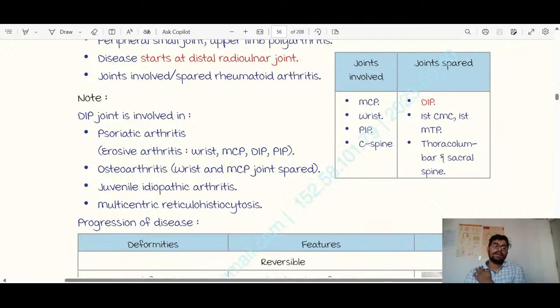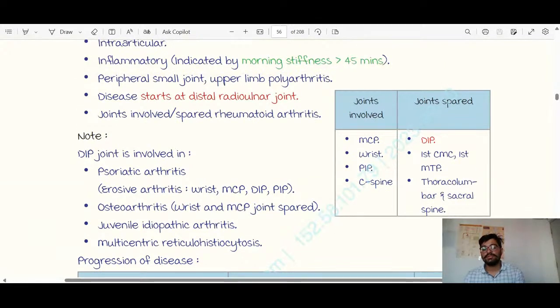Osteoarthritis involves wrist and MCP. Metacarpal joint, distal interphalangeal, proximal interphalangeal, MCP, DIP: these all are seen in juvenile arthritis and multicentric reticulohistiocytosis. So guys, first know the difference between joints involved and not involved.